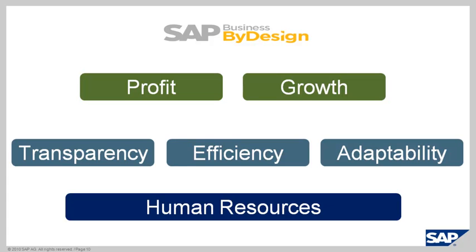From an efficiency perspective, we will see the organization structures, wizards to guide you through common tasks, and employee self-service tools for entering time and those kinds of things. So let's take a look at the software.